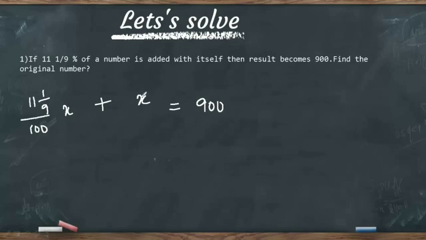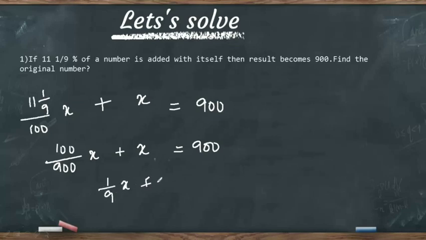Value of x. Convert the mixed fraction into an improper fraction. 11 nines are 99, 99 plus 1 is 100, so it is 100 by 9 by 100, which makes it 100 by 900 of x plus x is equal to 900. Here we are left with 1 by 9 x plus x is equal to 900.